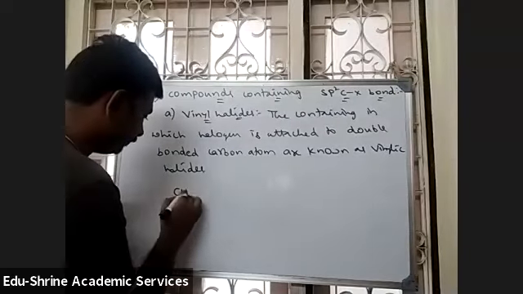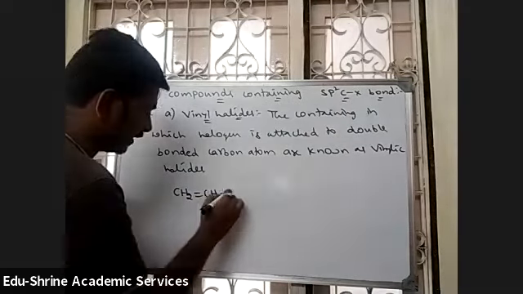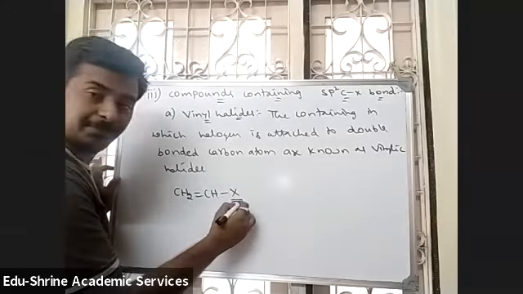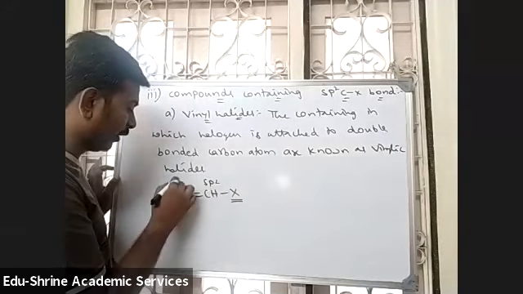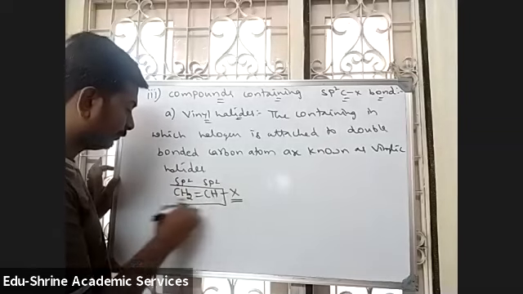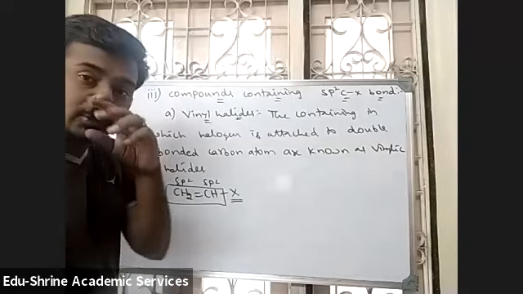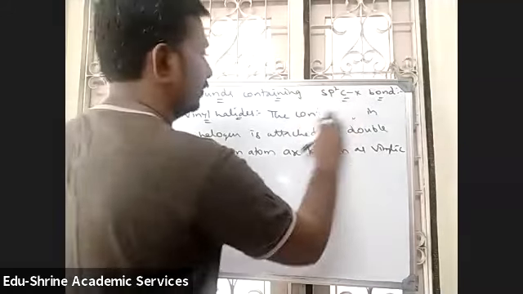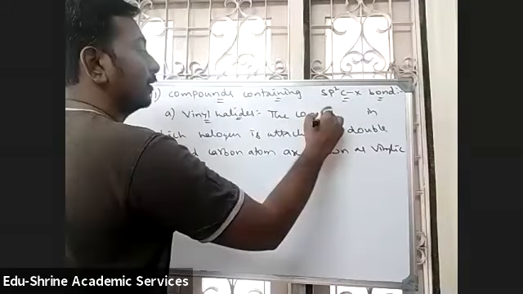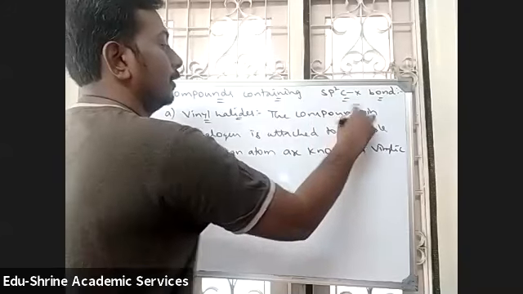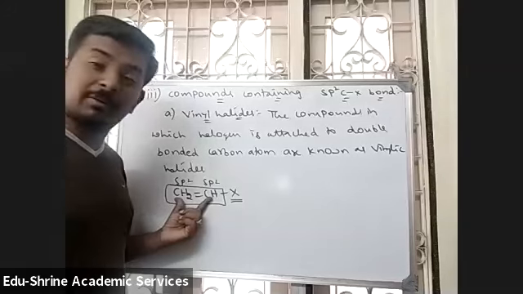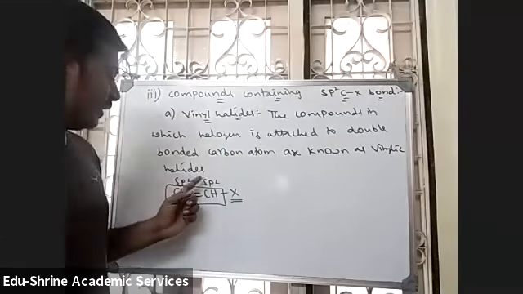For example, CH2=CHX. This is the halogen which is directly attached to a double bonded carbon. So the compounds in which the halogen is directly attached to a double bonded carbon atom are said to be vinylic halides.